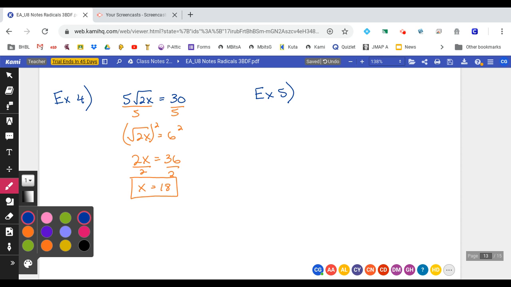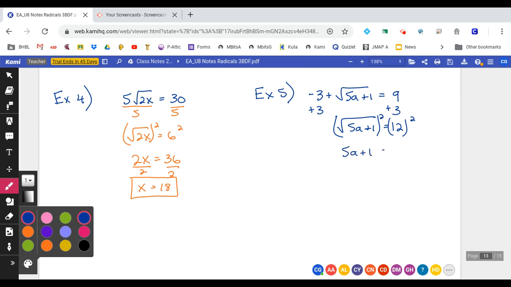Let's try another one. Let's do negative 3 plus the square root of 5a plus 1 equals 9. So let's add 3. The square root of 5a plus 1 equals 12. We're going to square both sides.